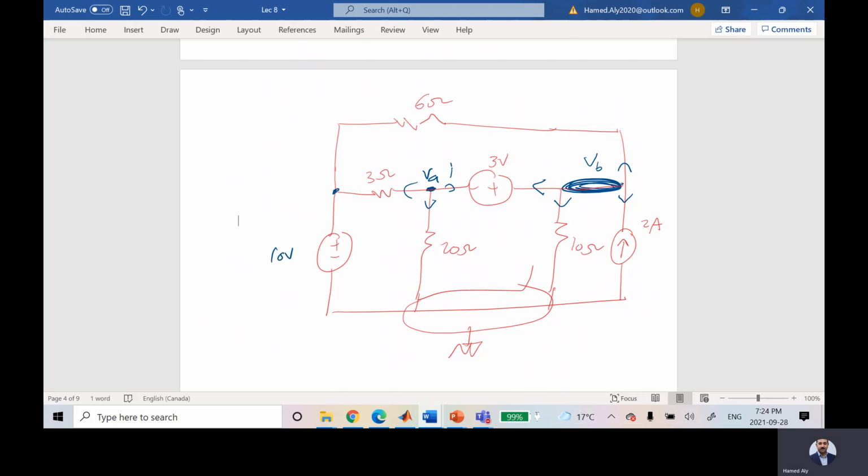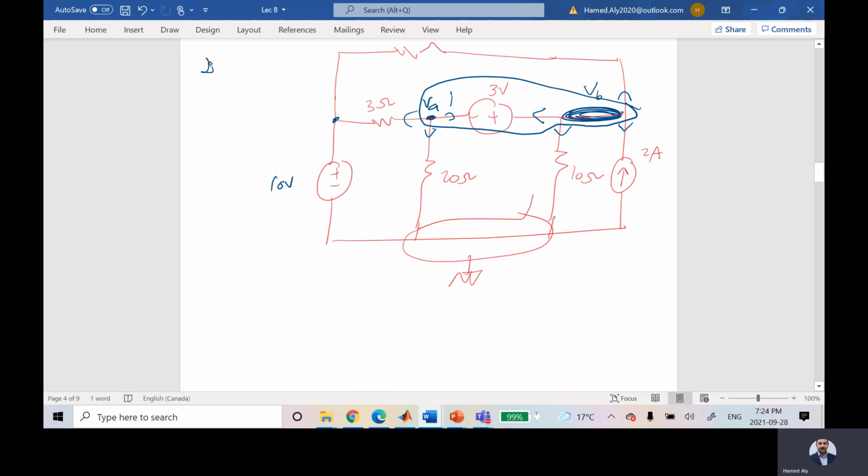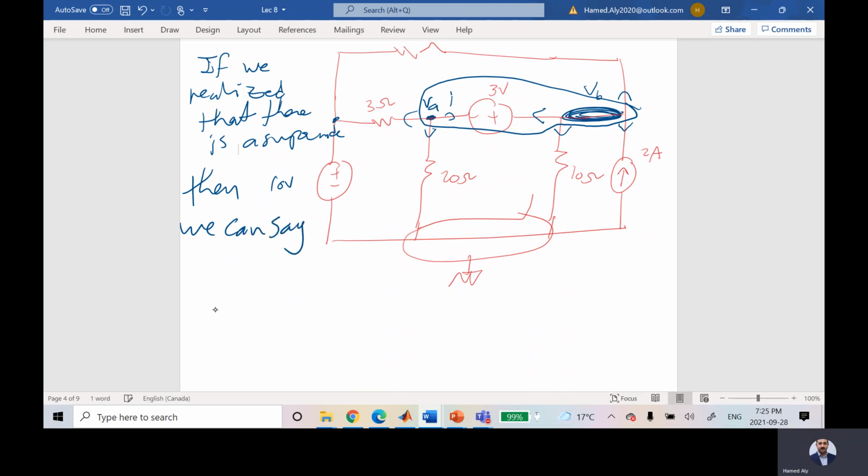Can I do that here? Yes, I can. I have a super node, which is that guy. I'll say summation of the current for the super node is equal to 0. If we realize that there is a super node, then we can say summation I is equal to 0 for the super node.